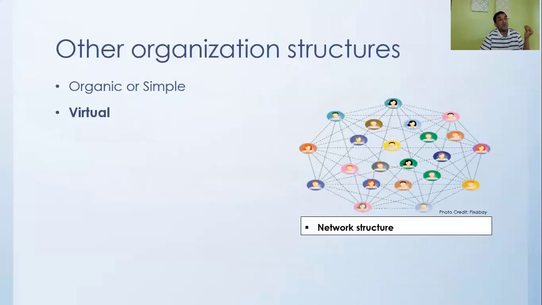And if you have to communicate for anything in that particular function, you will have to go through that node person, the person who represents that function. And by virtue of the link between these nodes or the key personnel within the functions, the organization is run. So it is a network structure, or it's called a virtual structure.